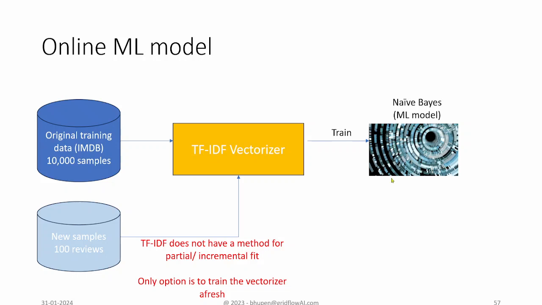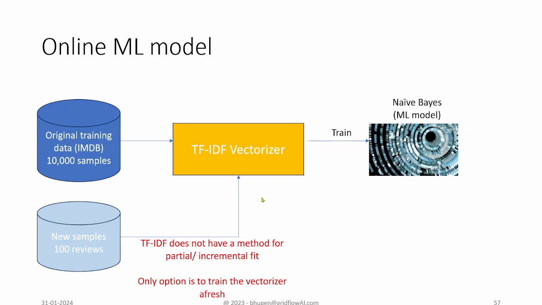So this is the objective, and let's see if we can accomplish it. A point to note is TF-IDF Vectorizer does not provide any method which can accept the data in a partial manner. The only option that is left to us is to retrain the vectorizer with the old data plus the new sample.